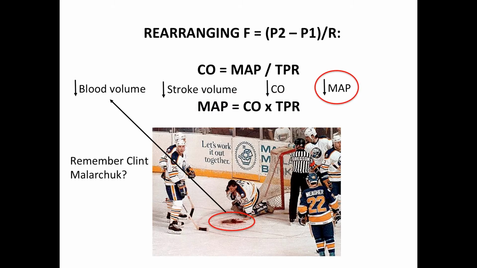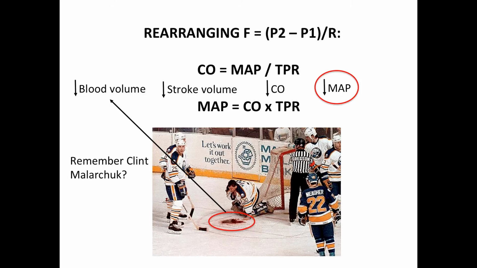So then, if I drop mean arterial pressure as a result of a drop in cardiac output, well, this system needs to return mean arterial pressure back to homeostasis. Because if you don't have enough pressure in the arteries, the blood is not going to continue flowing through the arterioles, and there will then be no blood reaching the capillaries, no exchange of oxygen.